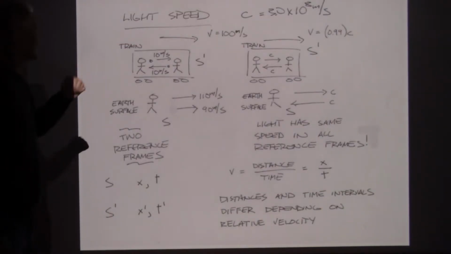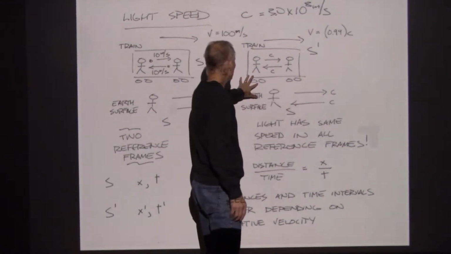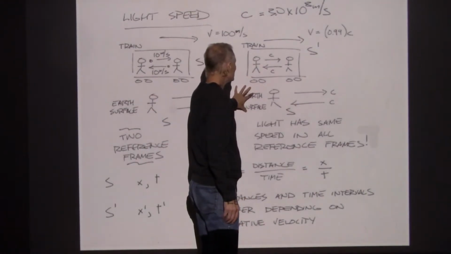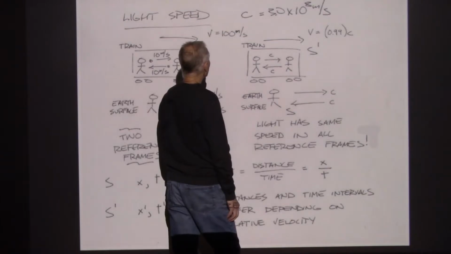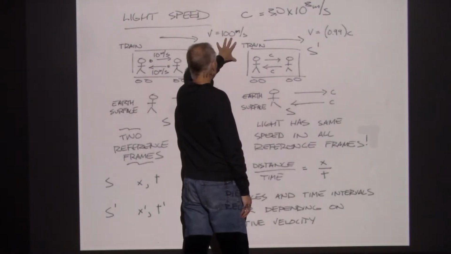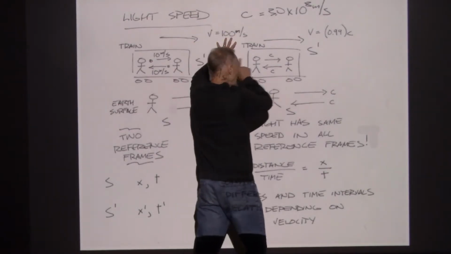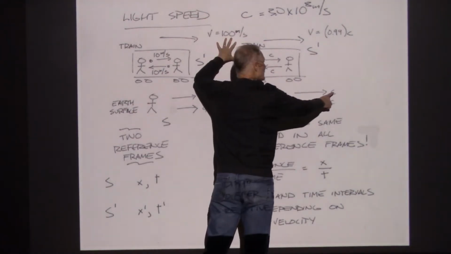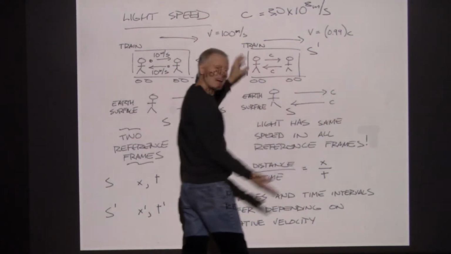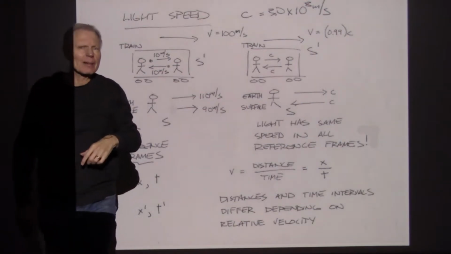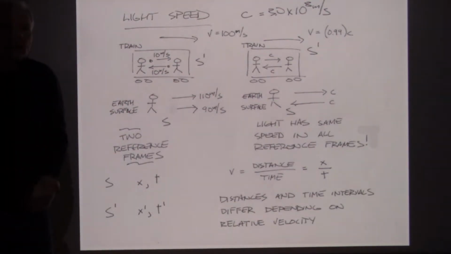All right, so let's get back to this example where we're sending light back and forth. Well, simple addition would say that, if the train's going 100 meters per second, then the light going forward would be traveling at c plus 100. The light would actually be traveling faster than the speed of light.